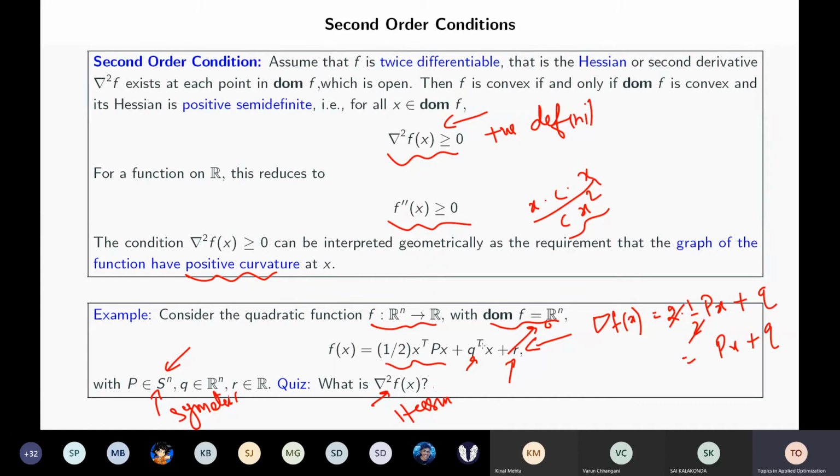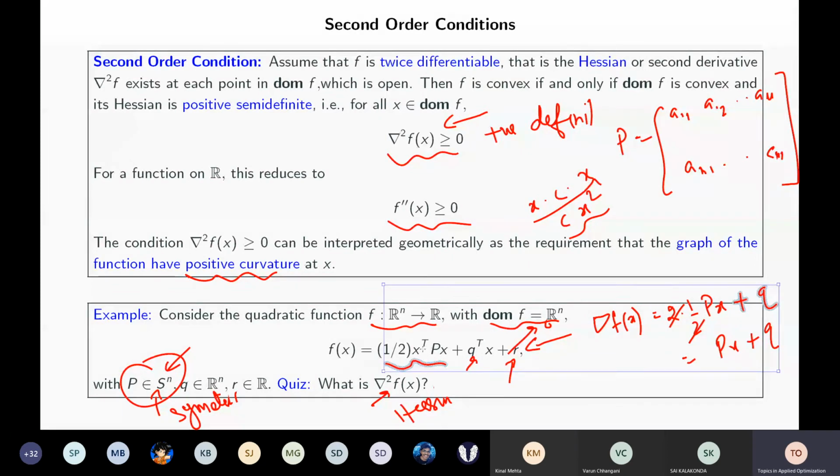I leave this as an exercise, let us say, in homework 2. Homework 1 is already released now. So in homework 2, what you have to do is consider a general matrix A11, A12, A1n, AN1, AN2, ANn. It has to be symmetric, so hence square, so rows and columns are the same. Take a general matrix and a general vector x with components x1 to xn.